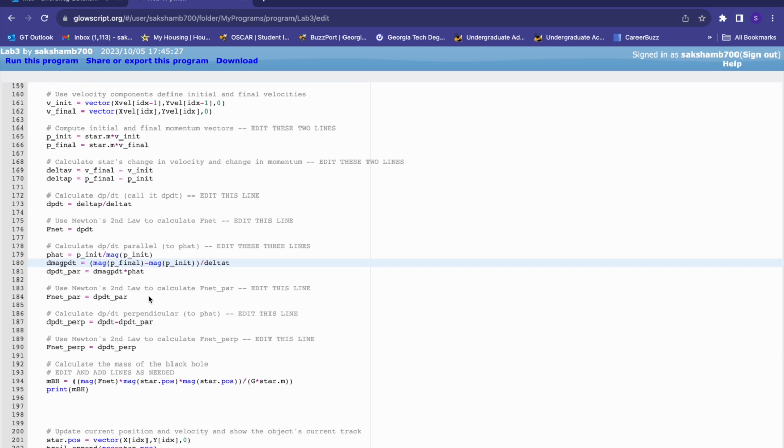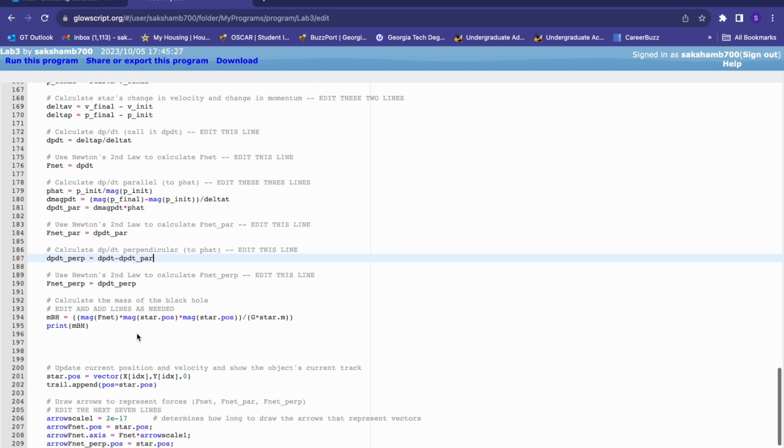For Fnet parallel, like I said, the change in momentum parallel is the same thing as Fnet parallel. For perpendicular, since we know that Fnet equals Fnet parallel plus Fnet perpendicular, F perpendicular is equal to the total force minus the parallel force.